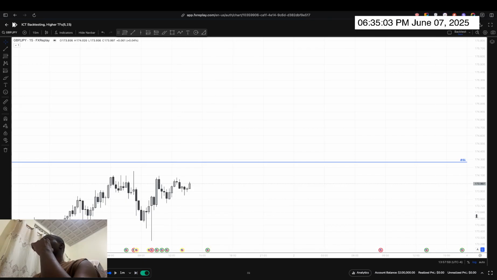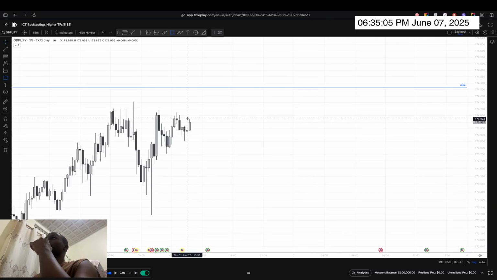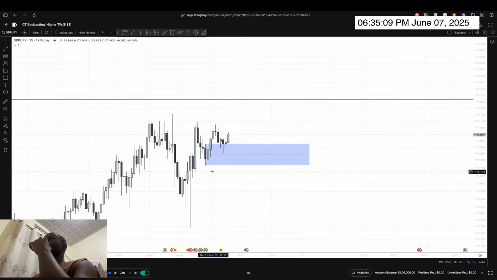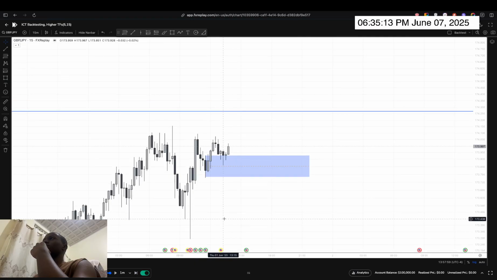Okay, going on the lower time frame, we can see that we have a small OB right here. Push, drop into it, then might be ready to push higher. Let's see.